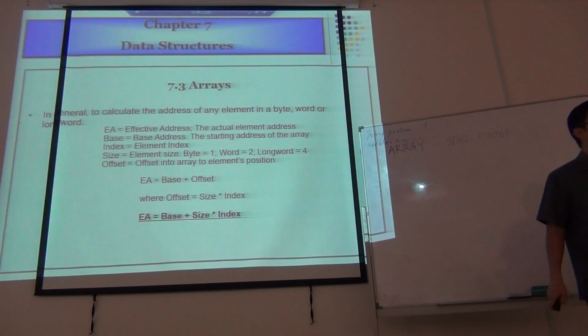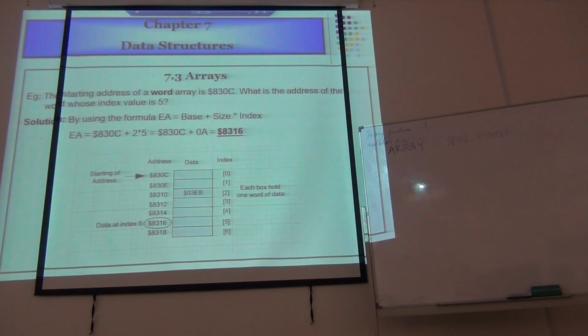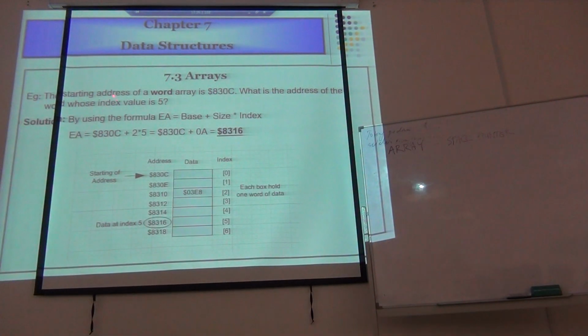So let's look at the example from the slide. The starting address, which is the base address, of a word array is 830C. What is the address of the word whose index value is 5?